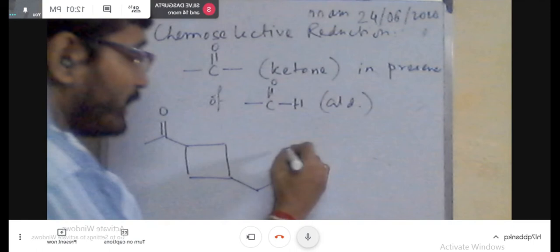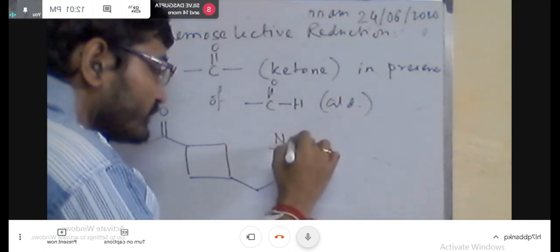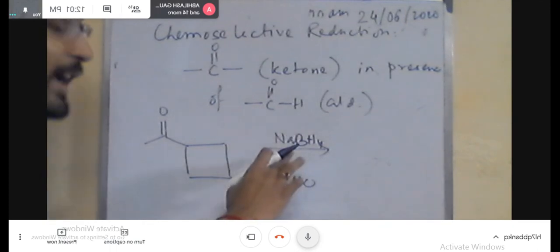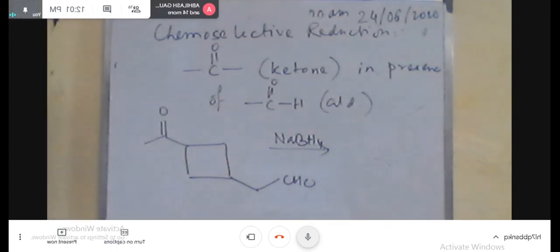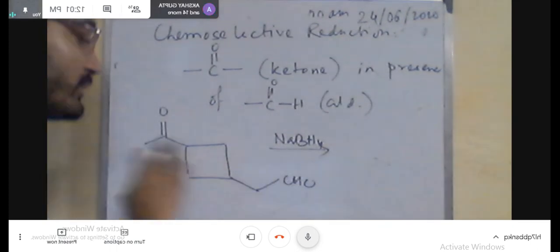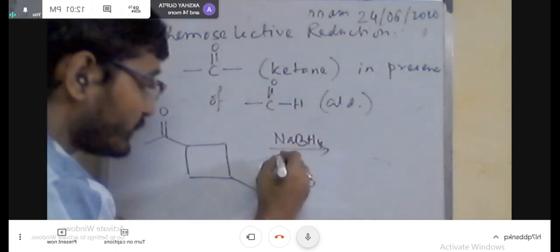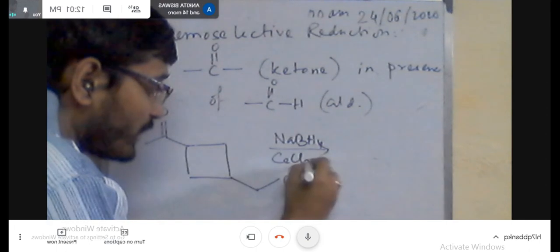Sodium cyanoborohydride can reduce the imine bond, that means C double bond N to the corresponding amine. Okay.